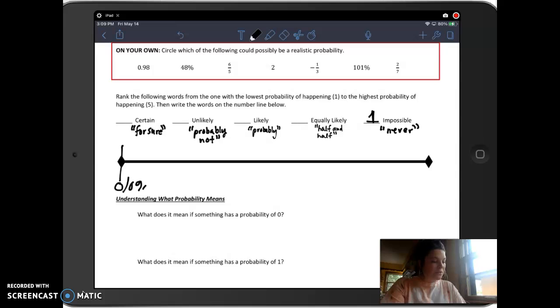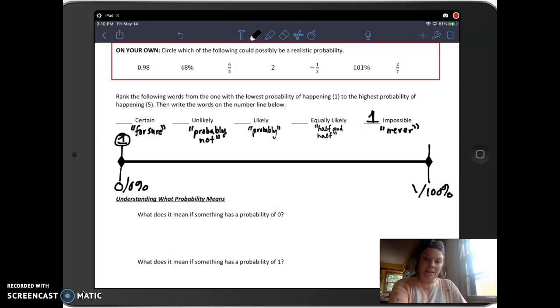Remember, this is 0 or 0%. And then up here, we have 1 or 100%, depending on if we're using percents or just regular numbers. All right, so if it's never, and that means 0 probability, then number 1 goes over here on our number line.